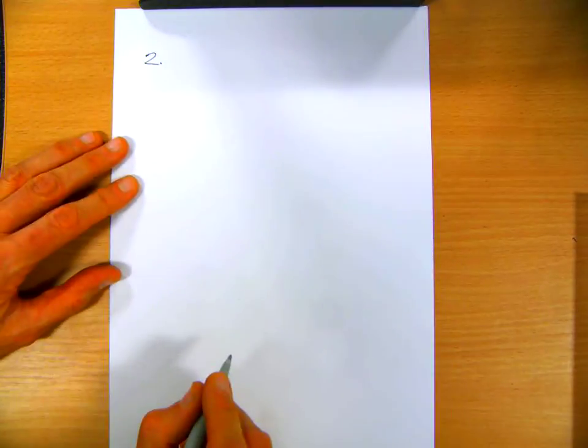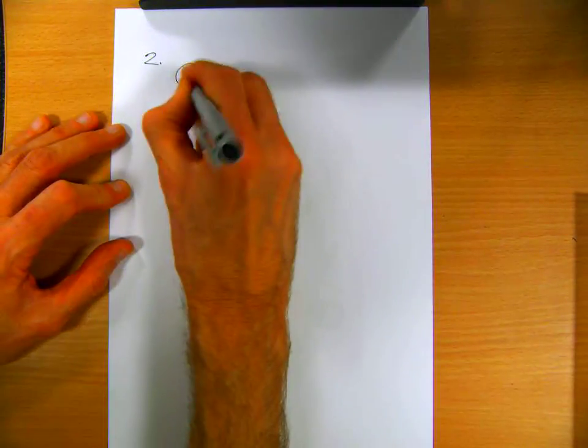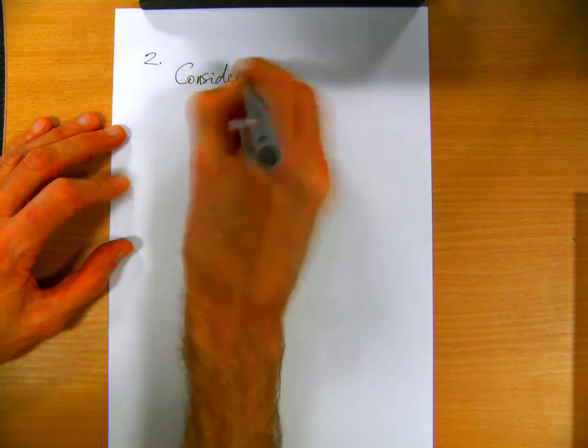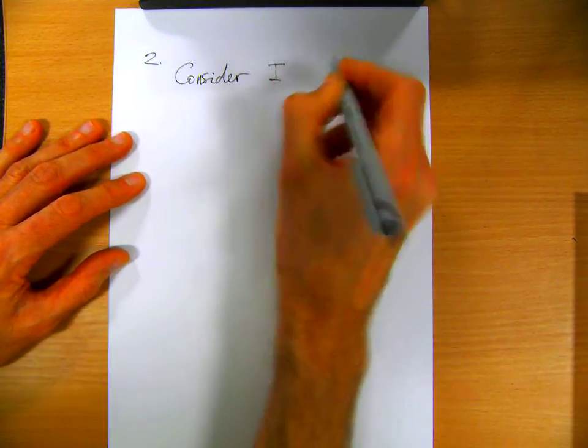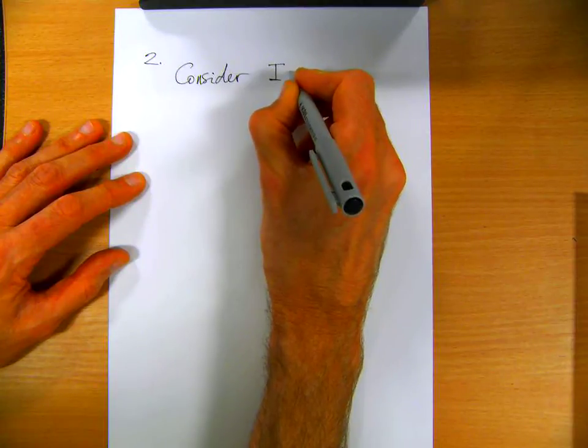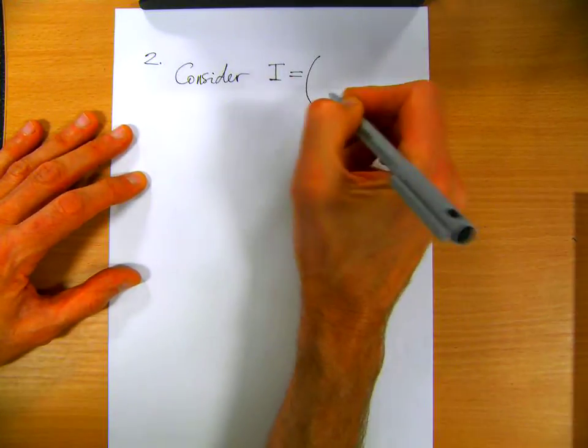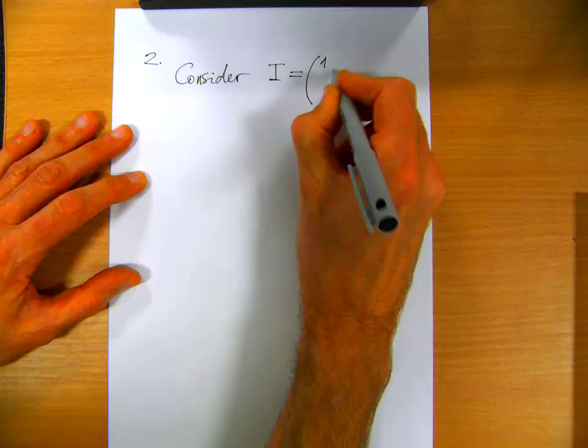What about an identity element of G? So consider I. Well, let me just remind you what the identity element of the general linear group is.